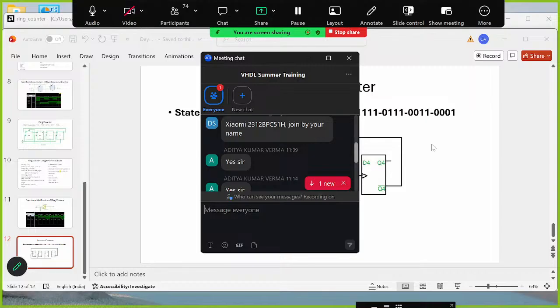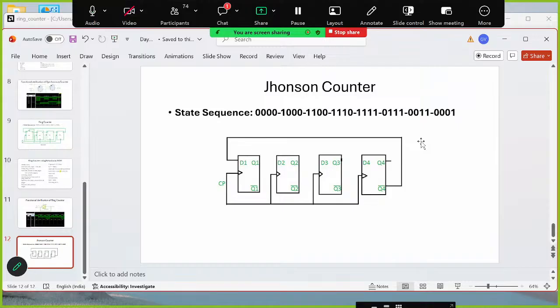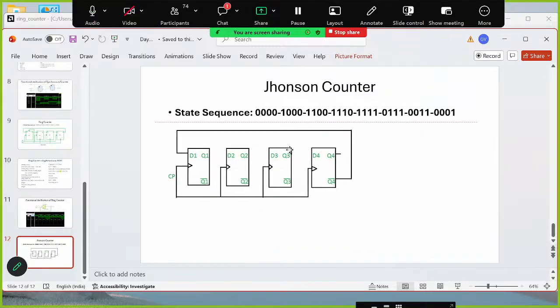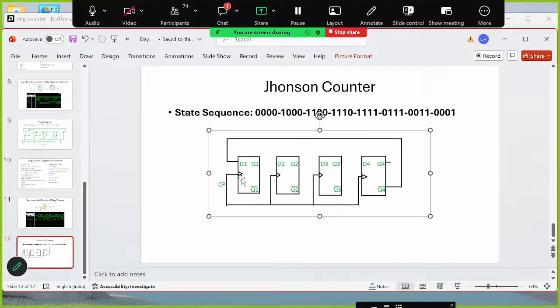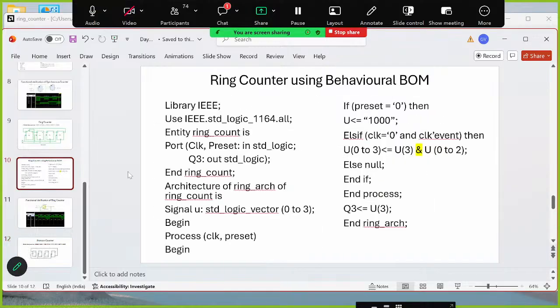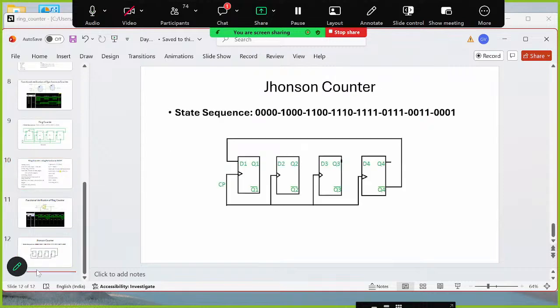Okay, so you will try to write by yourself. I will just give you a brief logic. What changes you need to make in this program, I will give you, but you simulate it by yourself. I am just giving you the logic so that you can try by yourself.